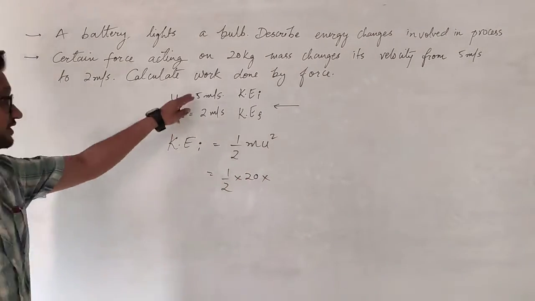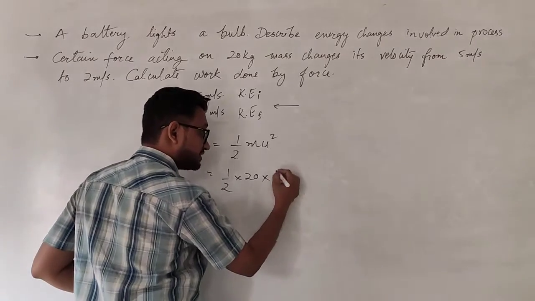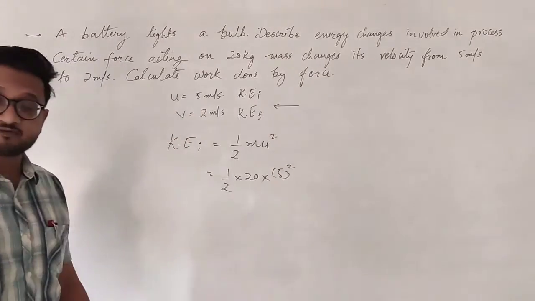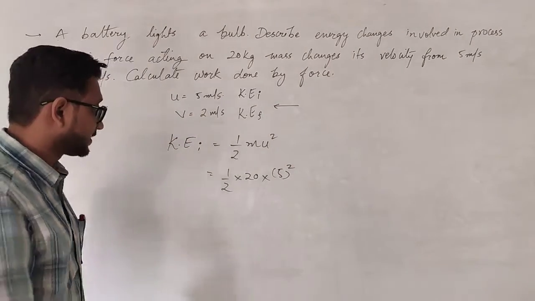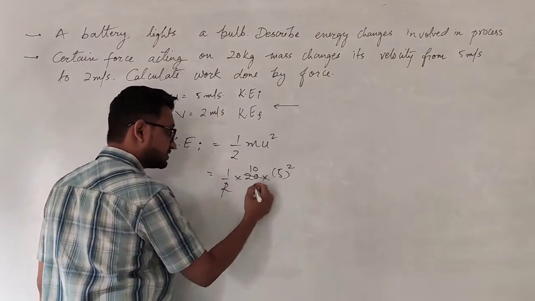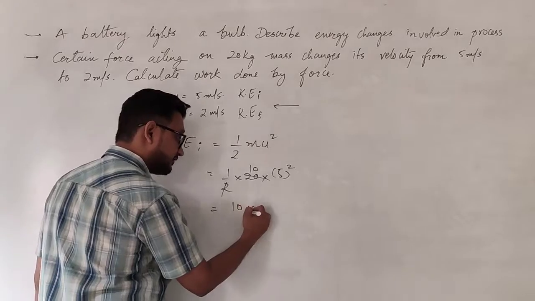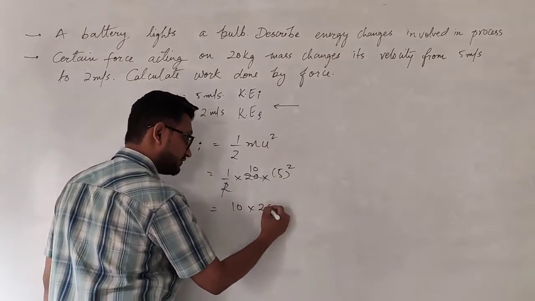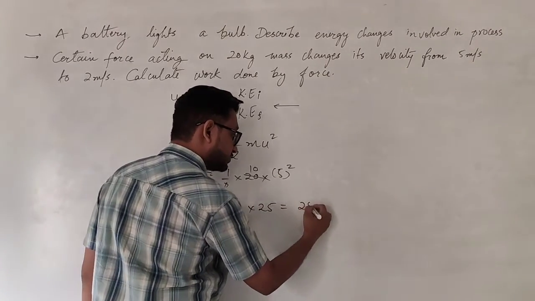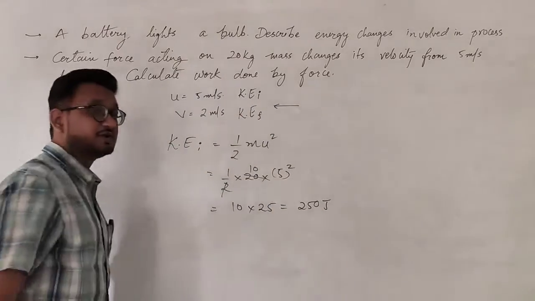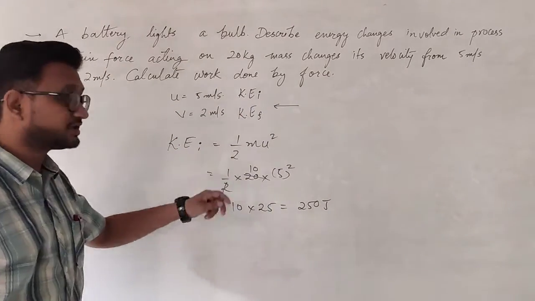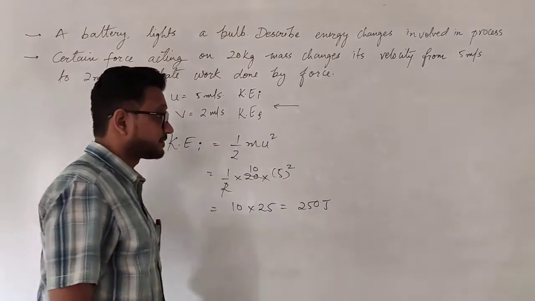Initial velocity is given as 5, but remember that it is always a square, half m u square. Don't forget that. So this becomes 10. Everything is in multiplication. 1 into 10 is 10. 5 into 5, 5 square is 25. So what you get is 250 joules. So initially the object was having 250 joules of energy.